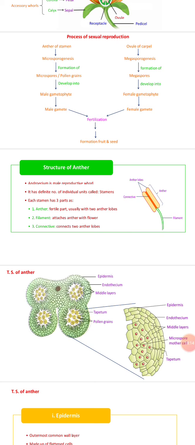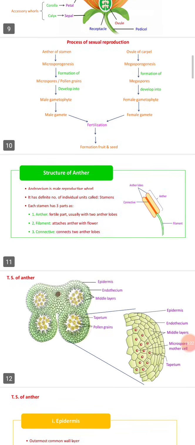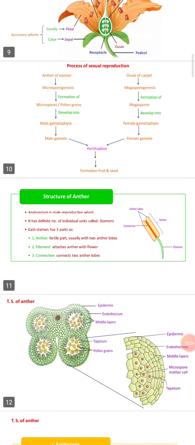Let us see about the ovule. The gynoecium is also called the carpel. At the base of the carpel or gynoecium the ovary is present, and in the ovary the ovules are present. The ovules are produced by the megasporogenesis process.